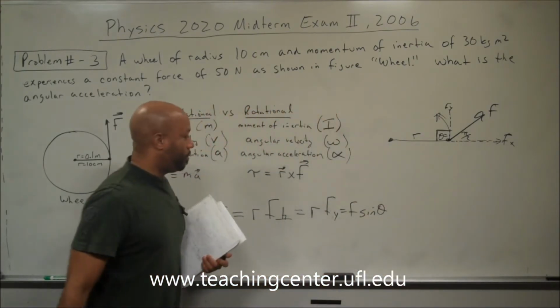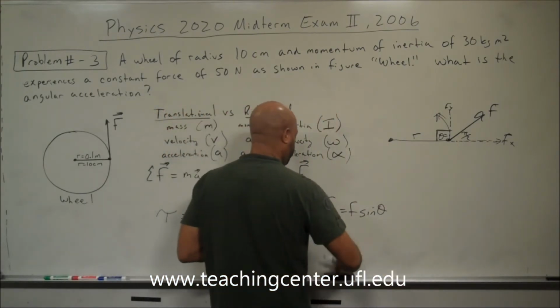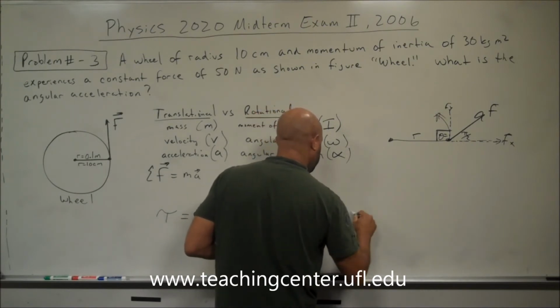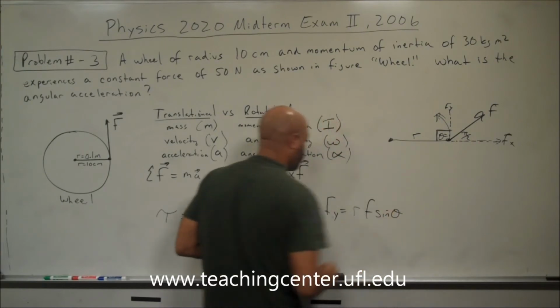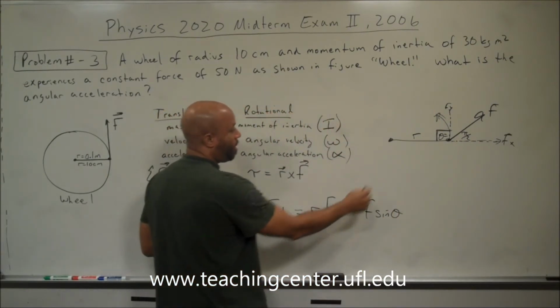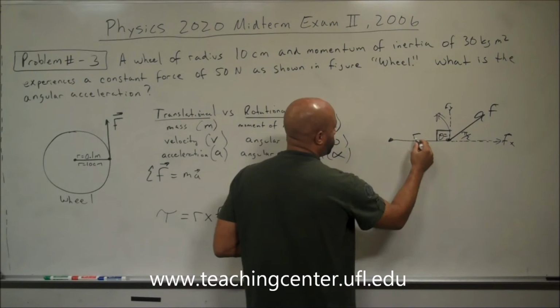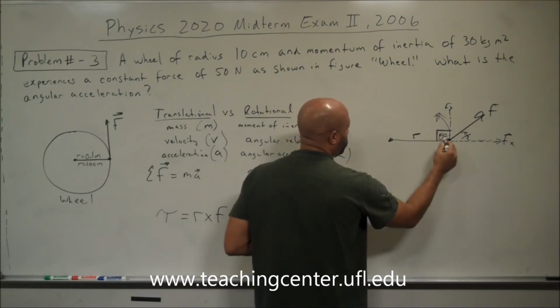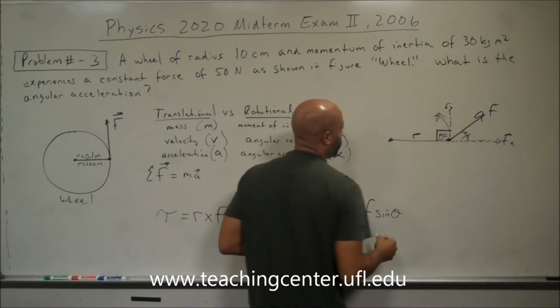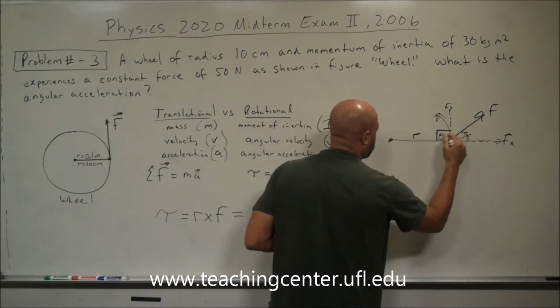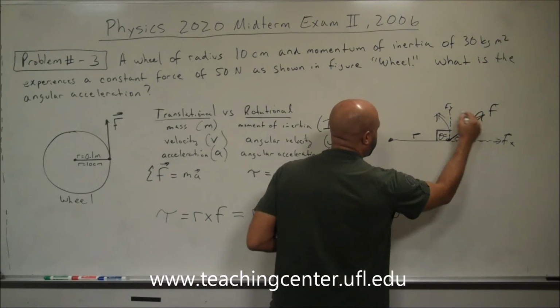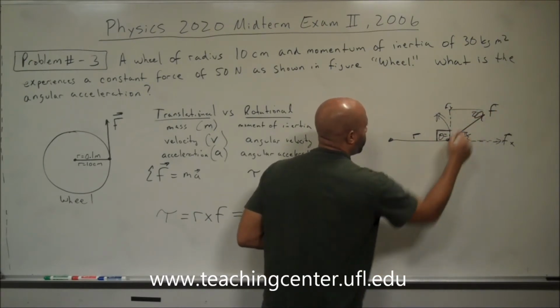All right, we already said that it is equal to R F times the sine theta, okay? Because we said that Fy is going to equal your R times your F times the sine of theta, okay? So if this is theta here, it'll be theta there.